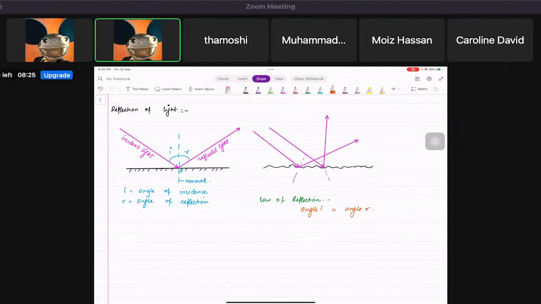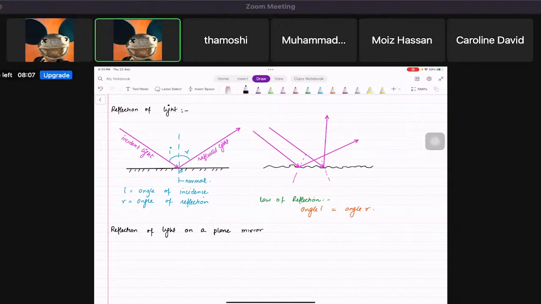Okay. Now what we're going to do today is the reflection of light on a plane mirror.